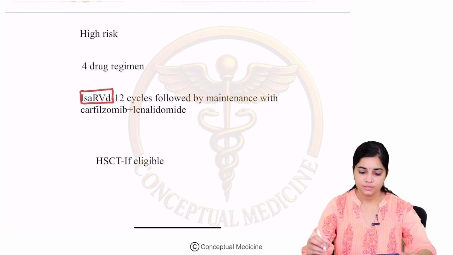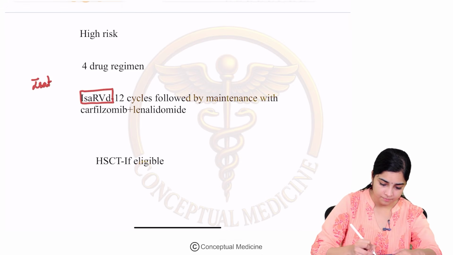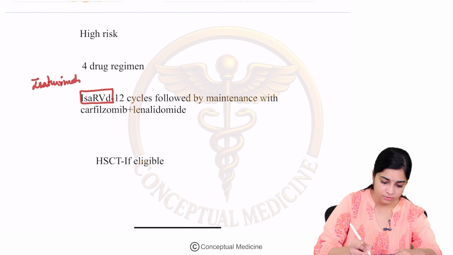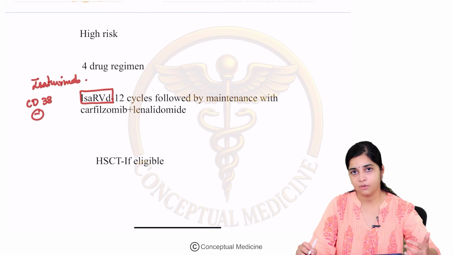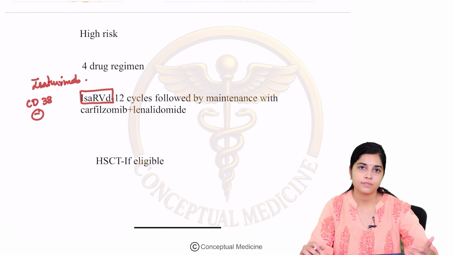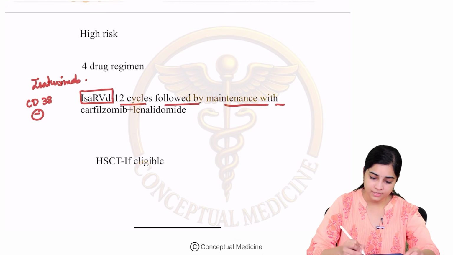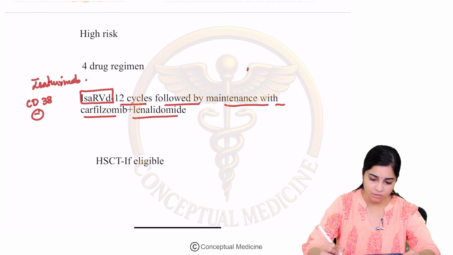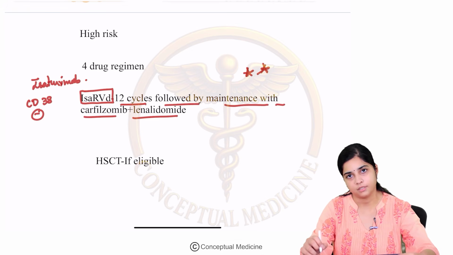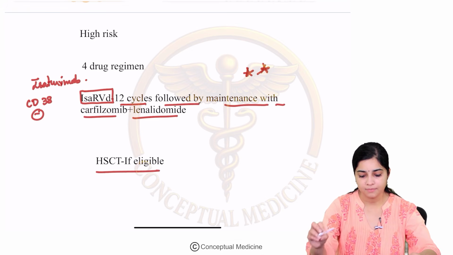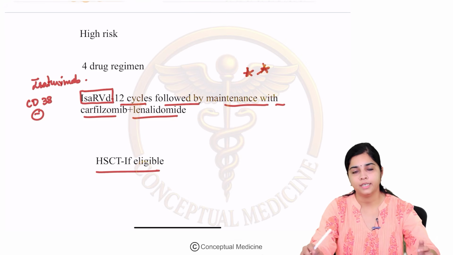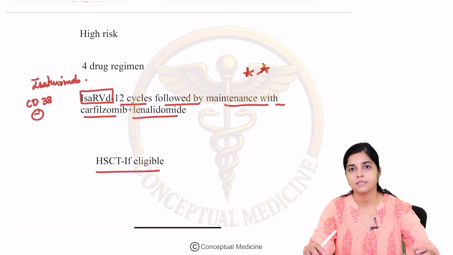This is isatuximab, which is a monoclonal antibody against CD38, along with RVD, which is Bortezomib, lenalidomide and dexamethasone. 12 cycles followed by maintenance with carfilzomib and lenalidomide is what we use for high risk multiple myeloma. Hematopoietic stem cell transplant can be done only in eligible patients. So this is about the clinical features and management of multiple myeloma. Thank you.